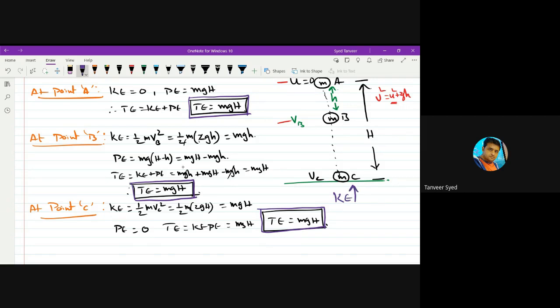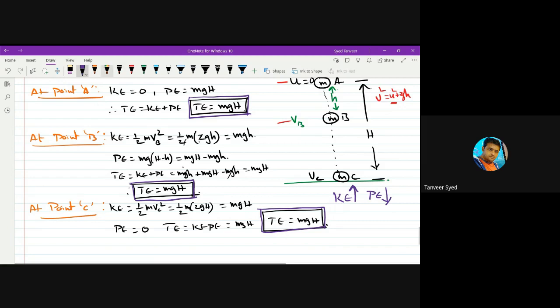As the body falls down, kinetic energy increases. From where is this energy coming? Energy cannot be created. So it is derived from the potential energy of the body, which is decreasing. If one energy increases, the other energy will decrease so that the sum remains constant. This is what law of conservation of energy says.